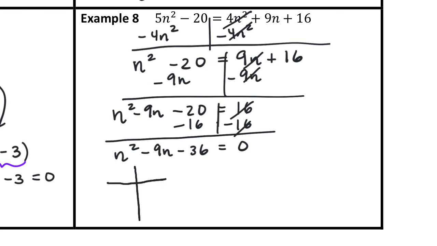And so the table method, if there's a 1 in front here, if I multiply these two numbers, I get negative 36, and then the middle number is what I want to add, to get negative 9. So what numbers can you think of to multiply to get negative 36 and add to get negative 9?